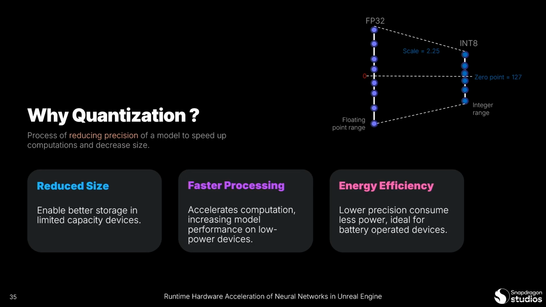And what does that mean? As I mentioned, it's reducing the precision of the model, so you will have a smaller model, a reduced size, which is better for memory-limited devices. Also, using a smaller precision produces faster processing and is more efficient on the battery.